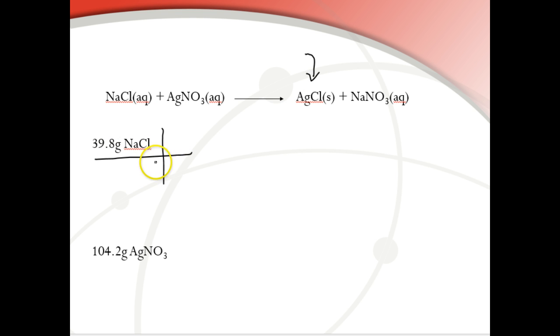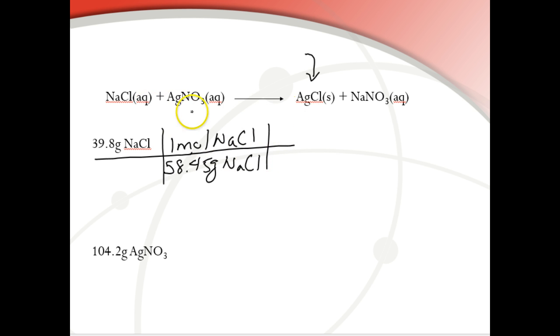Now we have to figure out our molar mass for sodium chloride, which is 23 plus 35, so we have 58.45 grams NaCl in 1 mole of NaCl. And then all of these are 1-to-1 ratios, so 1 mole of NaCl forms 1 mole of AgCl.